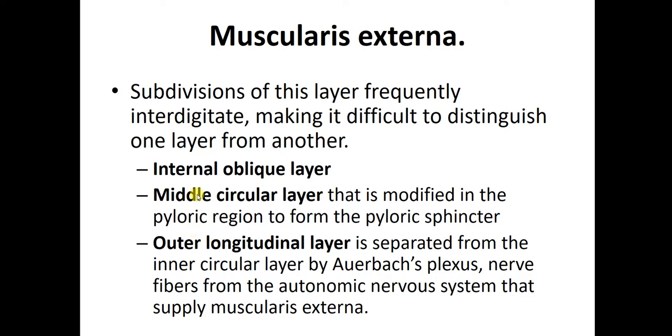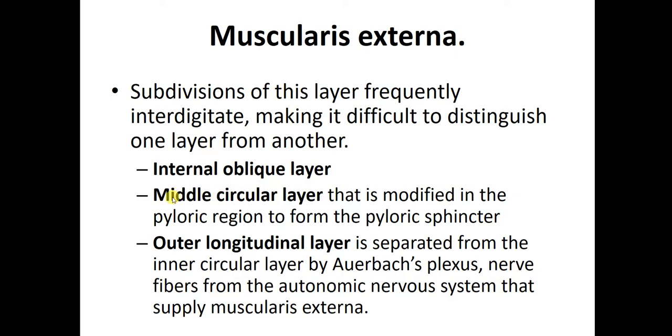In between this middle circular layer and the longitudinal layer, we have Auerbach's plexus. It's pretty understandable. If we look at one layer and second layer, like the internal circular layer and outer longitudinal layer, then of course, as everywhere in the digestive tract, between the outer and internal layers of muscles we have Auerbach's plexus.